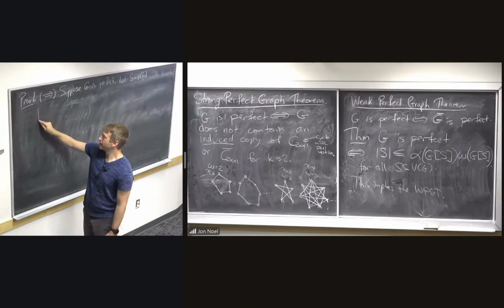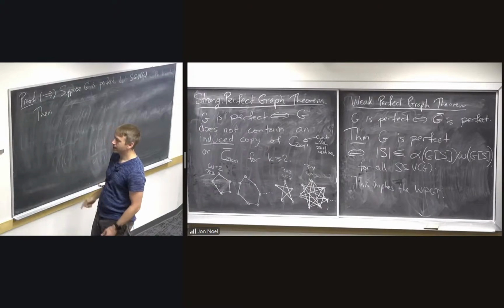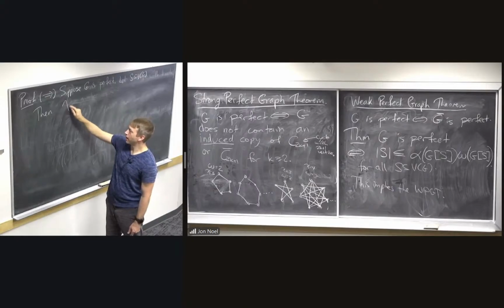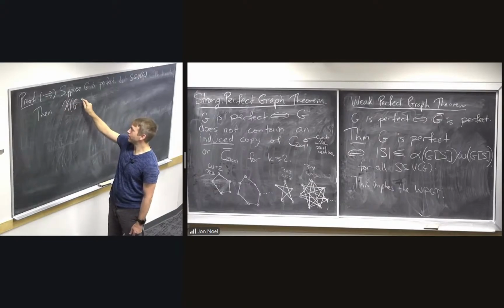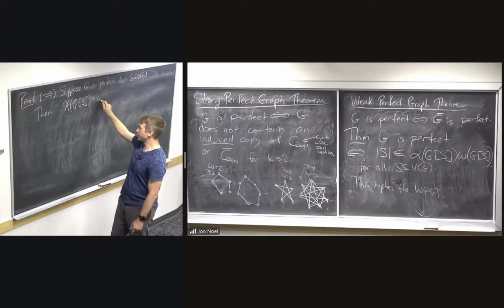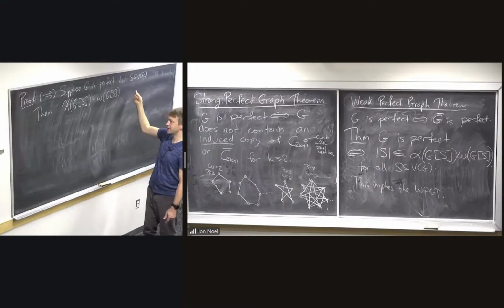Because it's a perfect graph, I know that the chromatic number of the subgraph induced by S is equal to the clique number of the subgraph induced by S, because G is perfect.